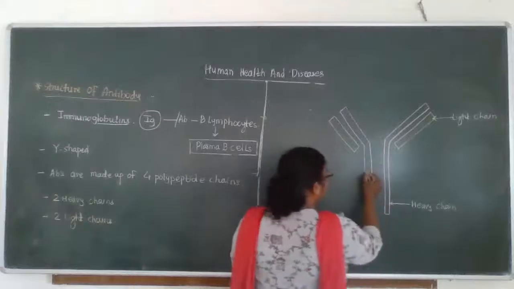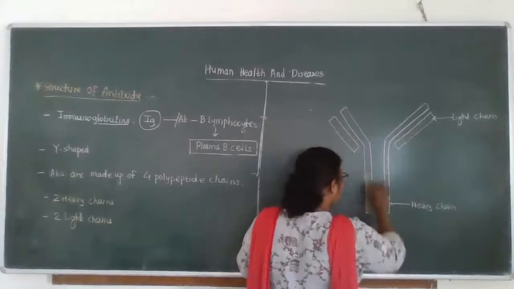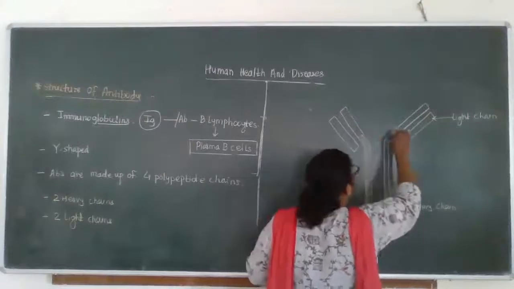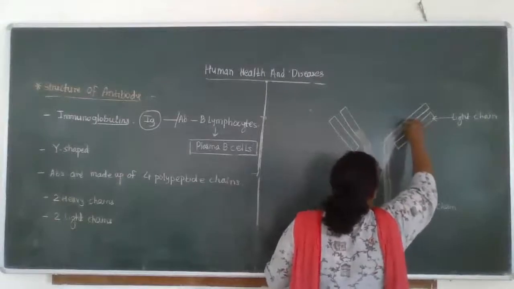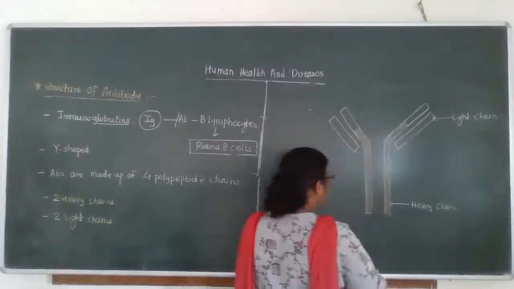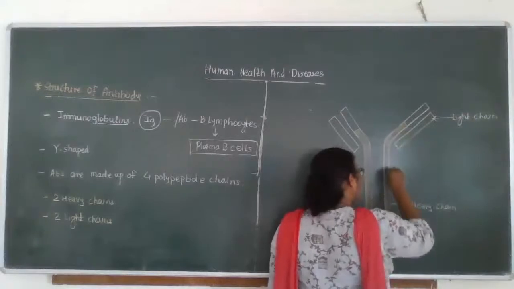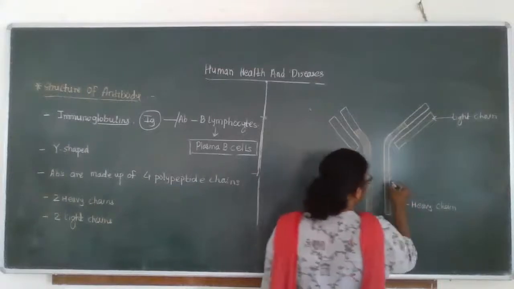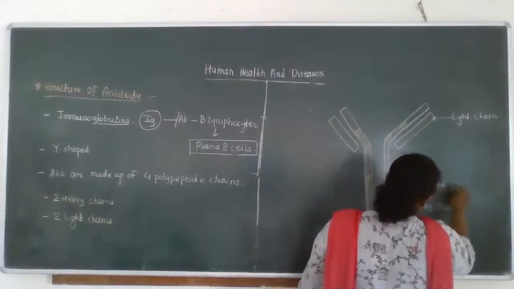Now, suppose this shaded region is called a constant region of the heavy chain. This shaded region is called the constant region.